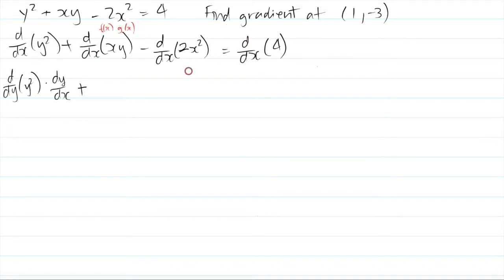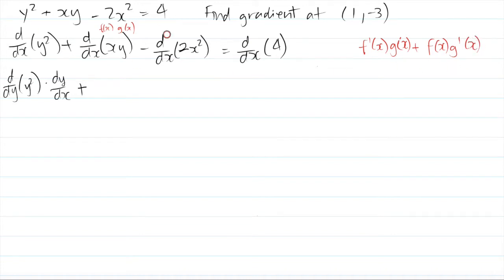If you have two functions multiplied together and you want to derive, then we end up with the product rule, where you have f'(x) multiplied by g(x), plus f(x), so you don't derive the first function, multiplied by the derivative of the second function.